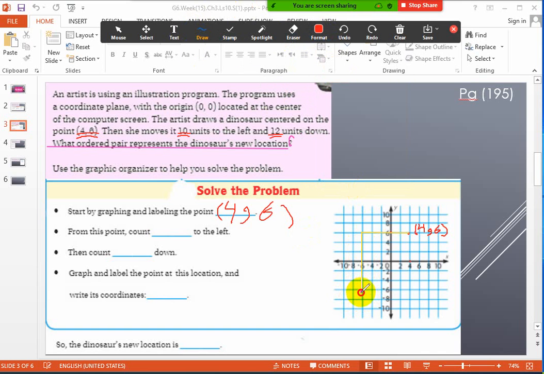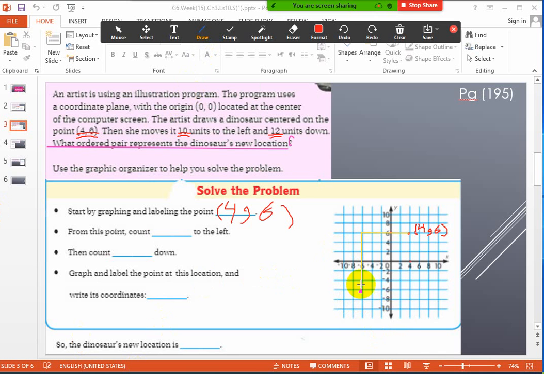So this is the way that this point moved. The point moved from this quadrant to this quadrant. Now, okay, Farah, one coordinate is correct, but the other is wrong. So try again. Now I want to find the ordered pair for this new point.